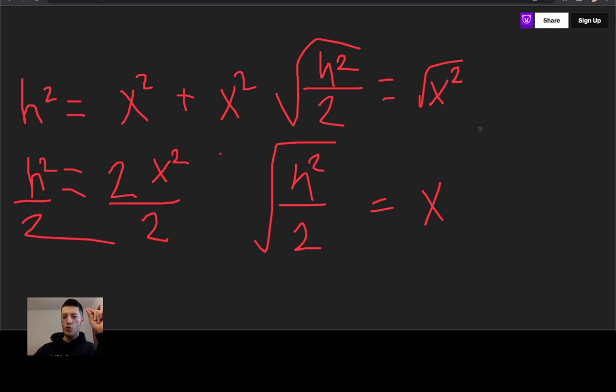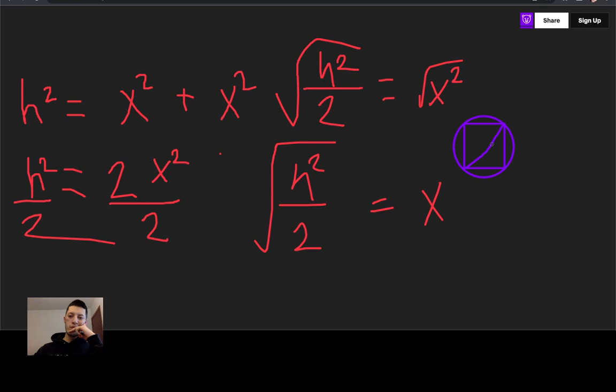So this is from the top of the bottle, and this is the square.